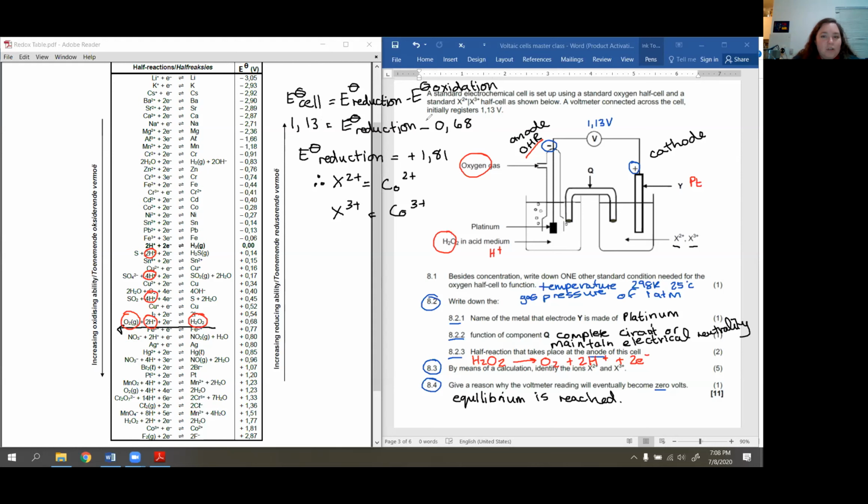The reason that I knew that this was negative 0.68 is that I knew that it was oxidation because it happened at the negative electrode. So then this value got taken across and it became 1,81. I went and found 1,81, which is over there. And fortunately, it ends up giving me two ions, one with a 2+ and one with a 3+ charge, which makes perfect sense. If it didn't make perfect sense, I'd get worried.